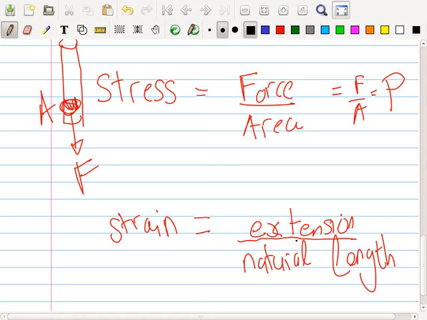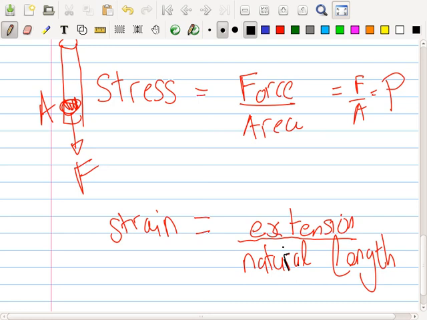Now extension. What's extension? Natural length. Where's the R? How long it is here in the middle. Yeah, that's R. Okay. Extension means how long to extend.